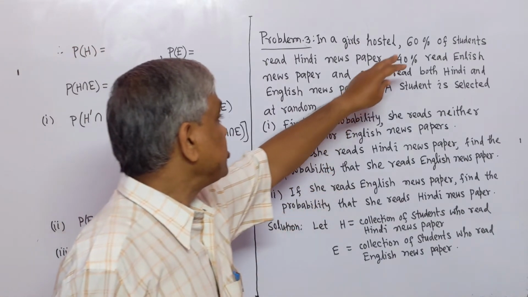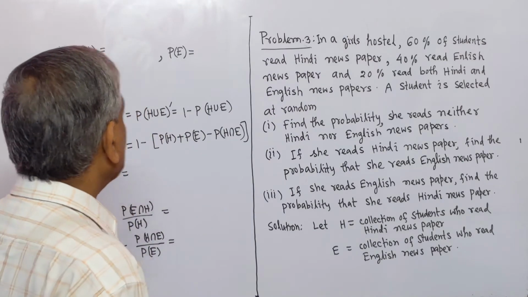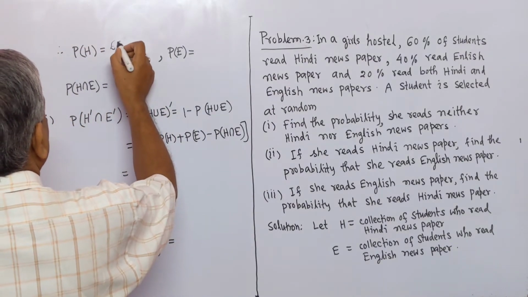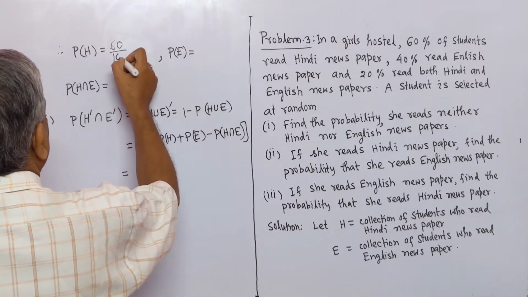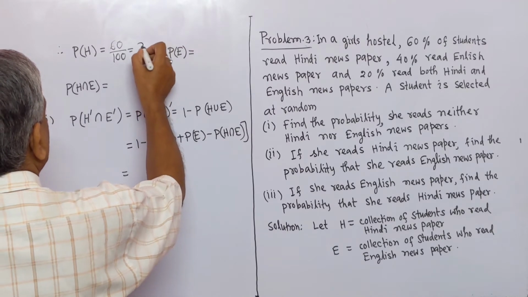Here given that 60% of students read Hindi newspaper. So probability of H equals 60 by 100, and this will be 3 by 5.